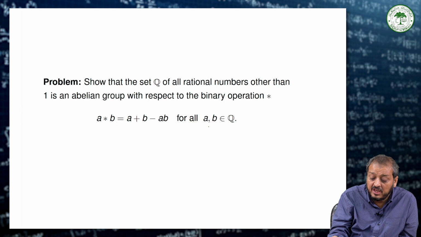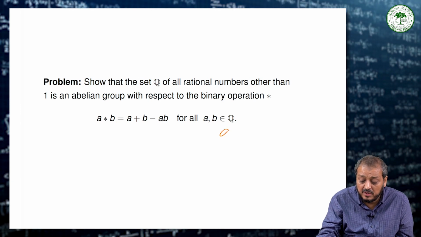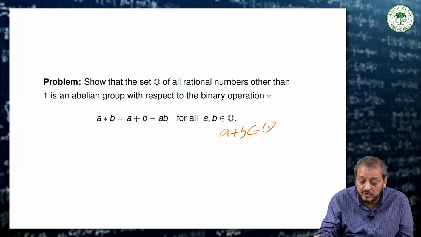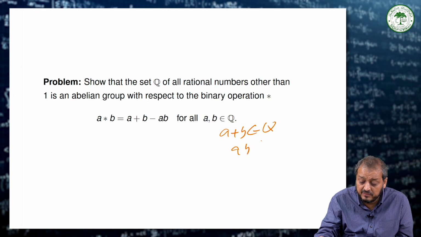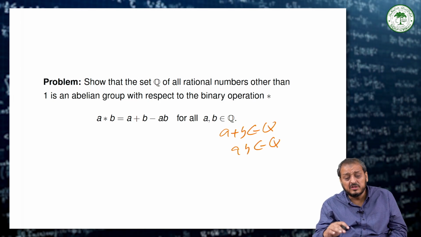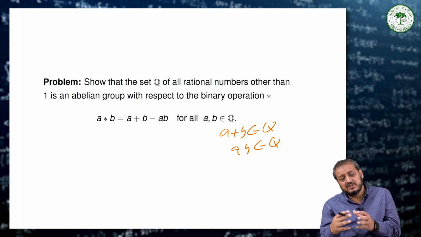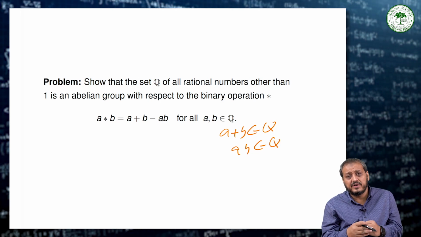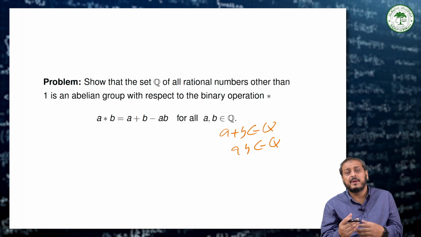We know that A and B are elements of Q, so A plus B is also an element of Q, and AB is also an element of Q. The sum of two rational numbers is a rational number, and the product of two rational numbers is also a rational number.